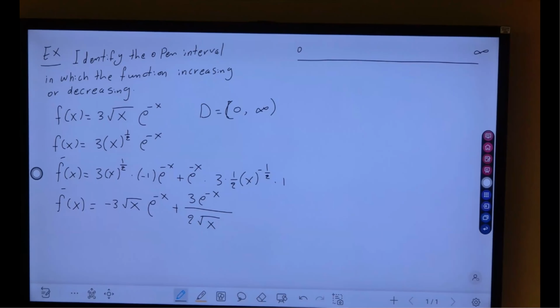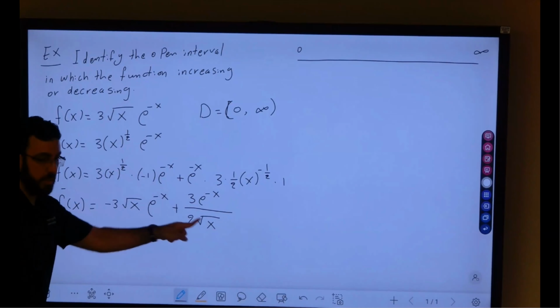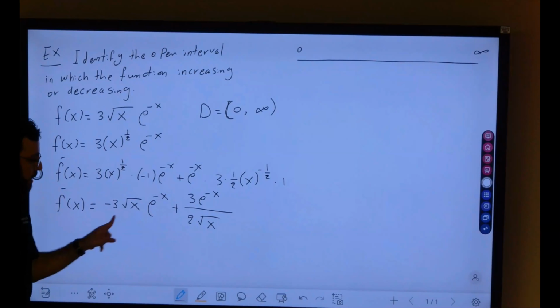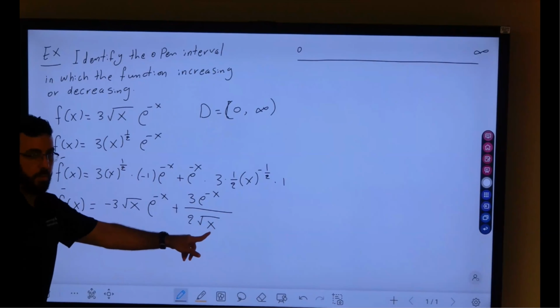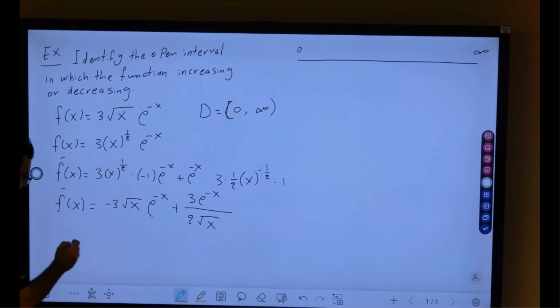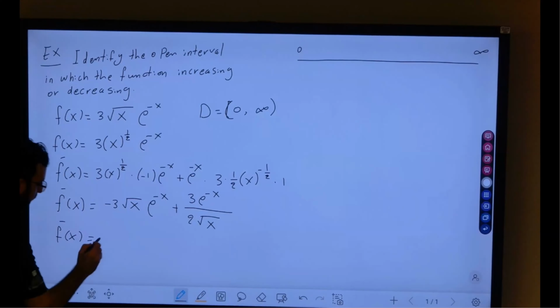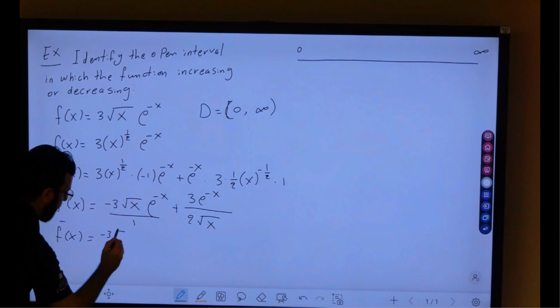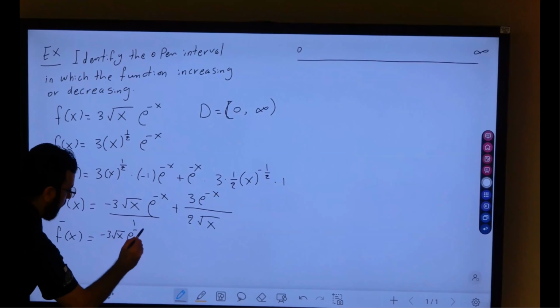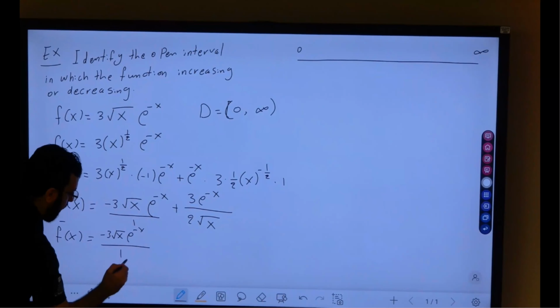Now tell me, what's the next step? We already found it. I need to get the common denominator, so I'm going to multiply this part by what? 2 square root of x. You got it? So the next step is going to be, because I'm going to write down this over 1, -3 square root of x e to the negative x divided by 1.